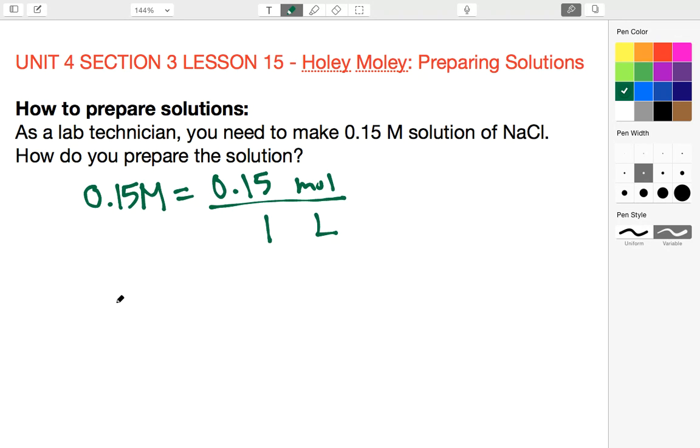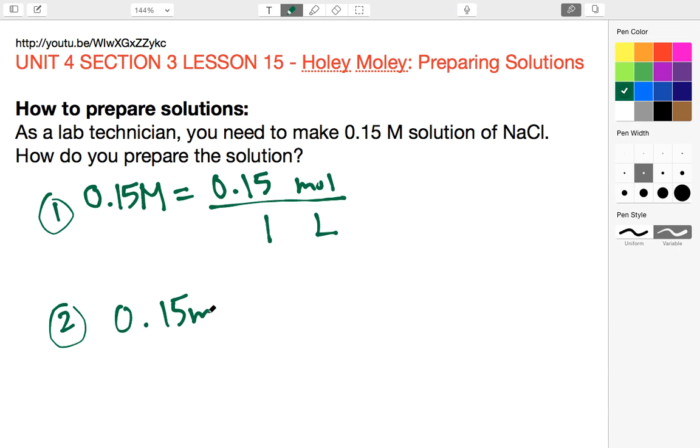So let's do that. So step 1, I know my equation. Step 2 is to figure out how many grams 0.15 moles is.